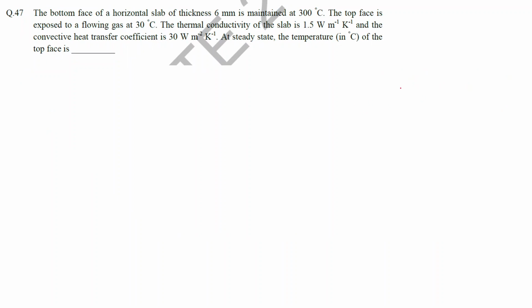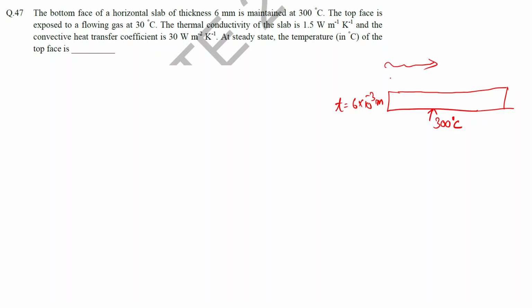So let's draw a general schematic. We have been given a horizontal slab, and the thickness we have been given as 6 mm, that is 6 into 10 raised to minus 3 meter. And the bottom face of the slab is maintained at 300 degrees Celsius. So this is 300 degrees Celsius, and the top face is exposed to a flowing gas of 30 degrees Celsius.